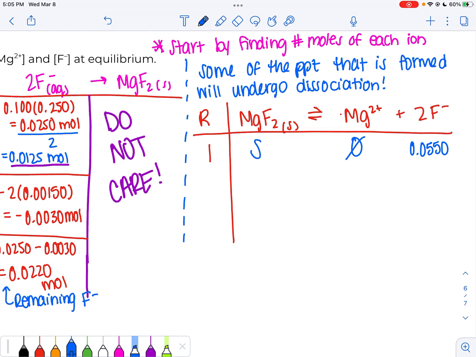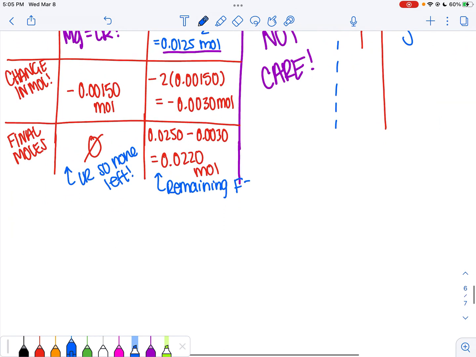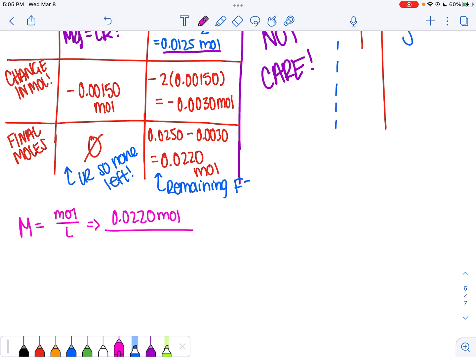Oh, sorry. I guess I should tell you how I got that number, huh? I was just realizing now that I didn't do that step. So how can we figure out how much fluoride we have? Well, let's go back down here. To find our initial concentration of our fluoride, we know that we're looking for moles per liter. So how many moles do we have? 0.0220. And what's our total volume of solution? Well, we had 250 milliliters of the sodium fluoride and 150 milliliters of magnesium nitrate.